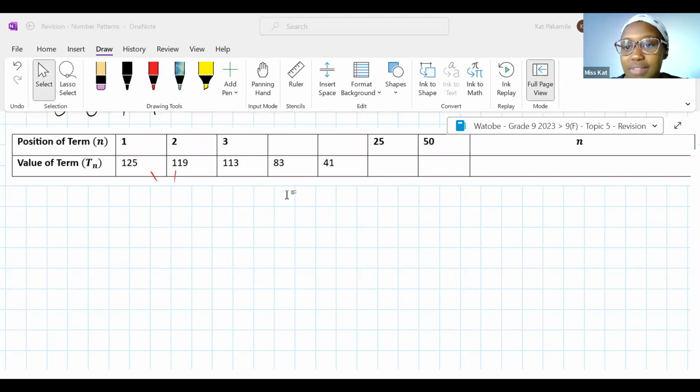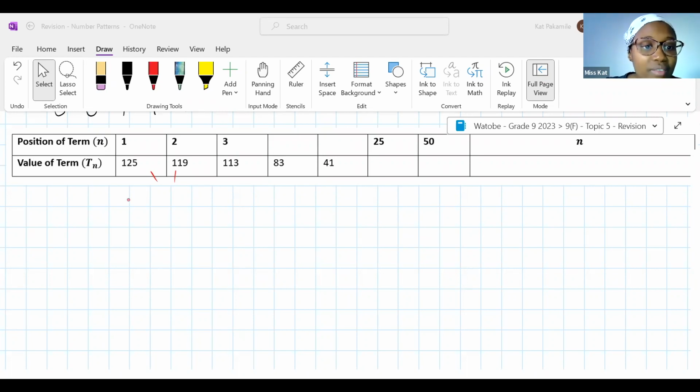Okay, Andisa says -6. We'll check just now. Amma says +6. Negative or +6, guys? Oh, okay, we have 2 of each. Let's check, guys.